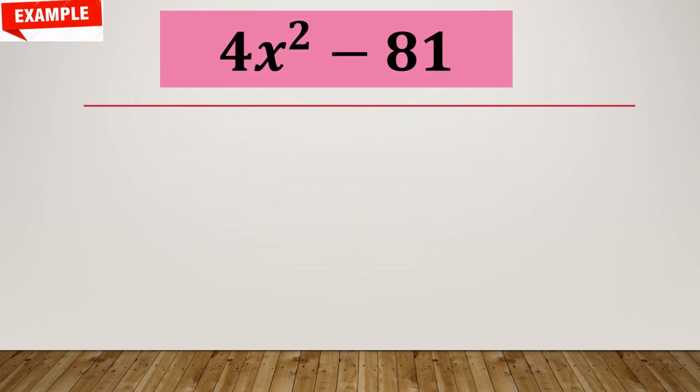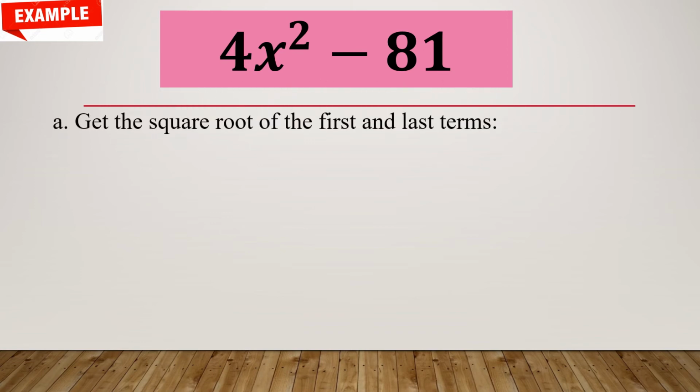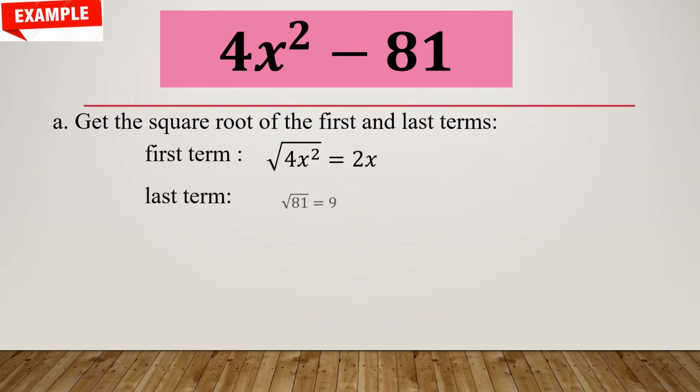Okay, so how about you try another example by yourself? Get the factors of 4x squared minus 81. Okay, I hope you got them right. Let's see. Get the square roots of the first and last terms. For the first term, you have 2x, and for the last term, 9.